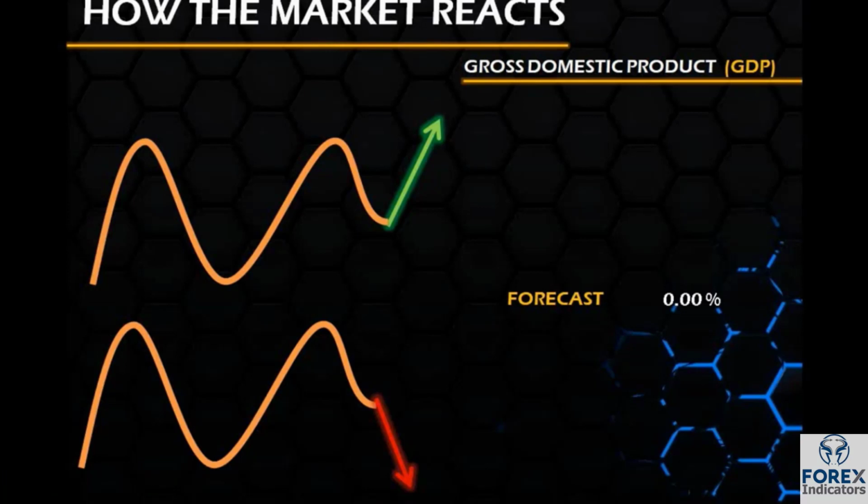So this indicates the rate at which a country's economy is growing or decreasing. This is what we call high impact news, because this is annual data, guys. This will have high impact on that currency, which is the United States dollar that we're trading right now.